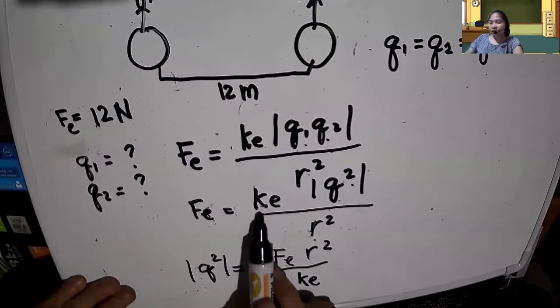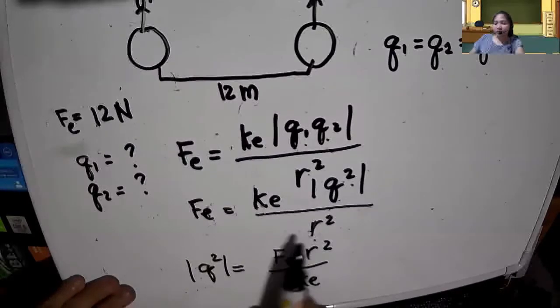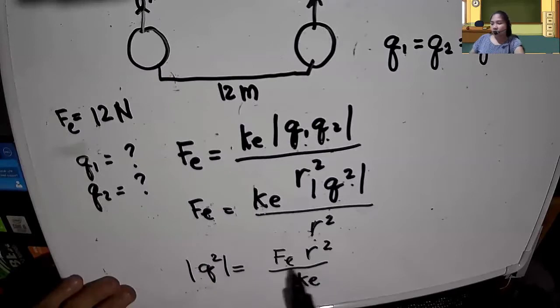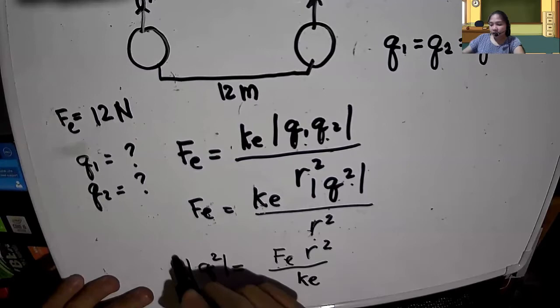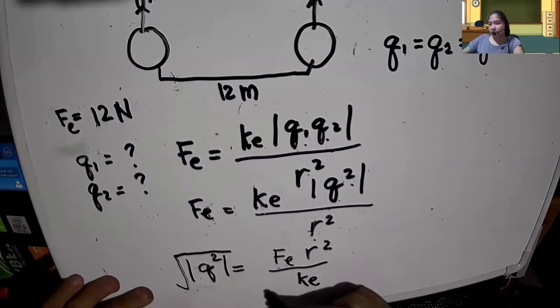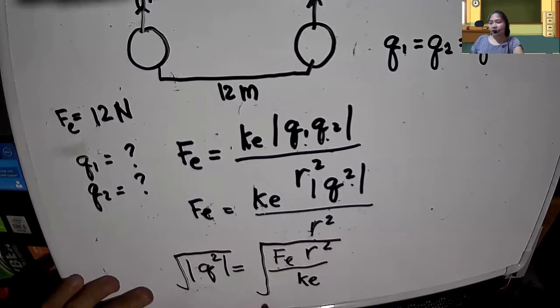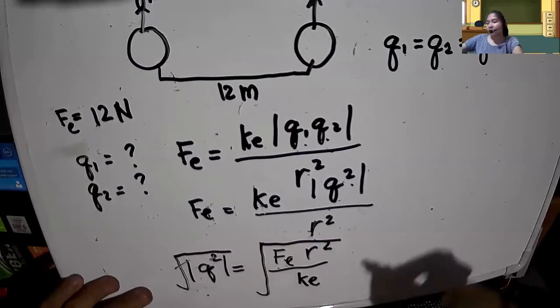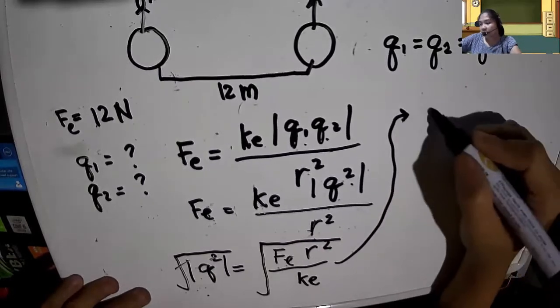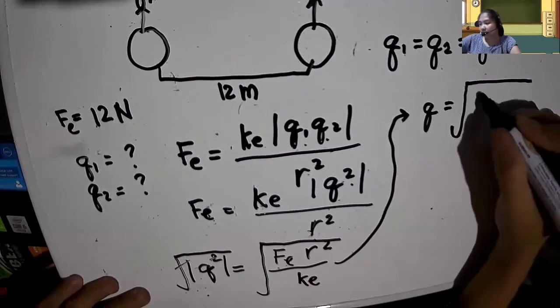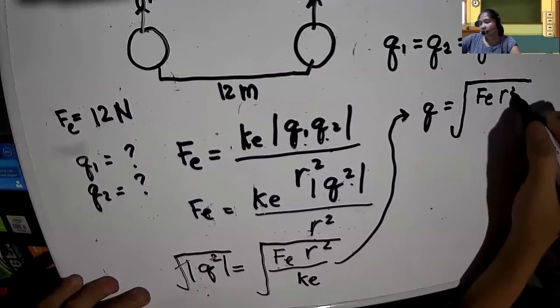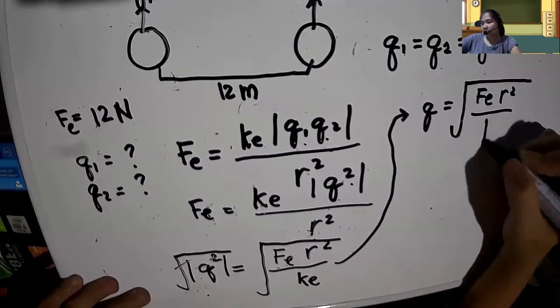We transpose Ke below and we transpose r squared here. Then for us to get Q, we take the square root, so this will cancel, and we will have Q. So Q is equal to the square root of Fe r squared over Ke.